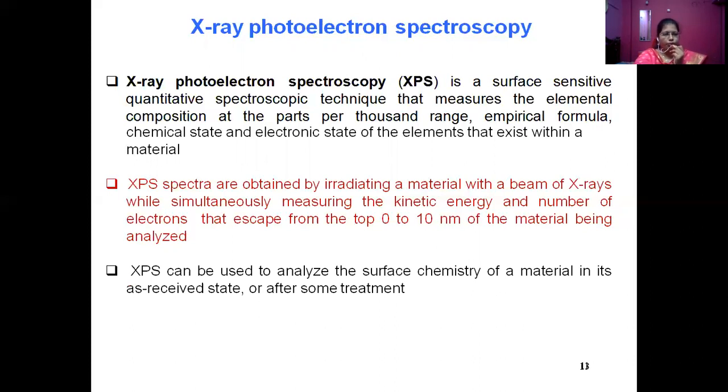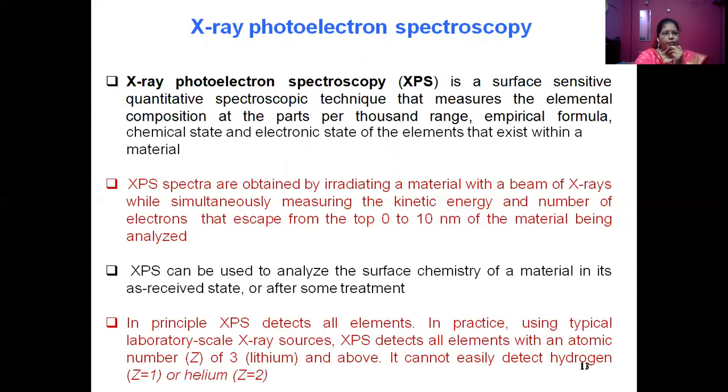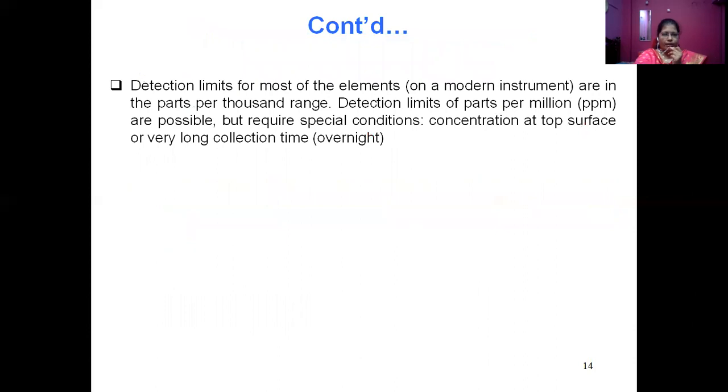XPS can be used to analyze the surface chemistry of a material in its as-received state or after some treatment. In principle, XPS can detect all the elements from atomic number 3, that is Z equal to 3, lithium, and above, but it cannot easily detect hydrogen and helium.